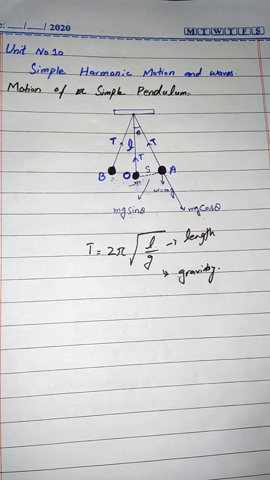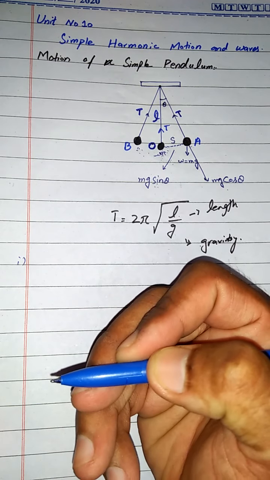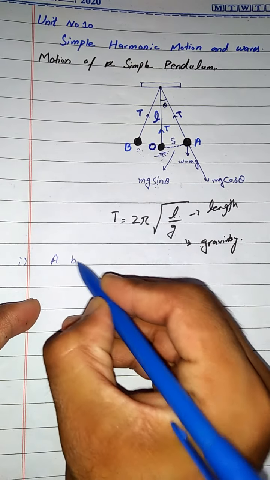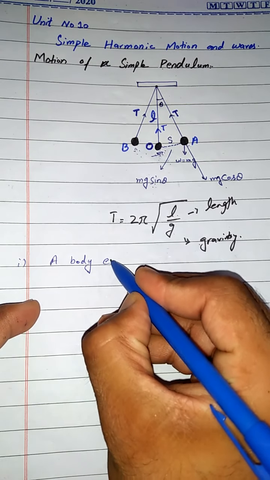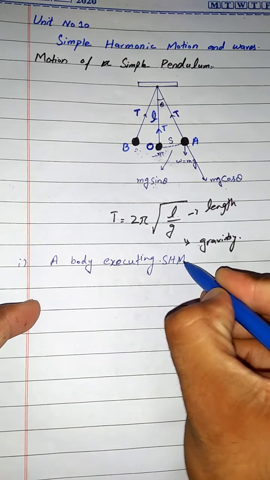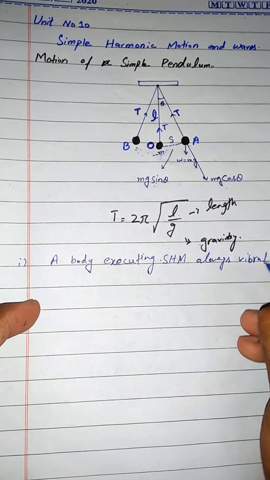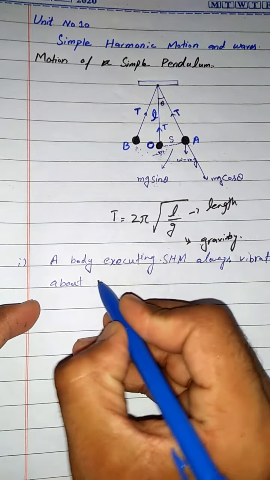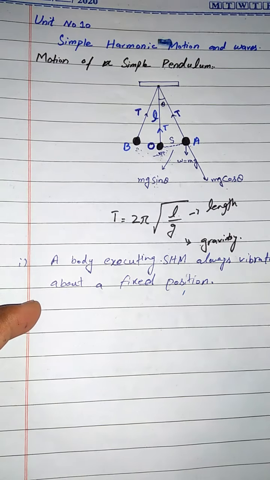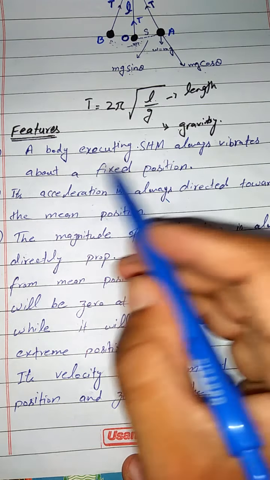The first feature is that a body executing simple harmonic motion always vibrates about a fixed position.